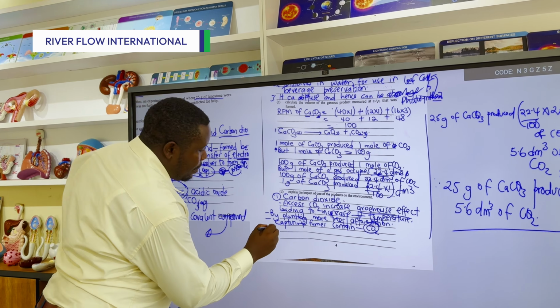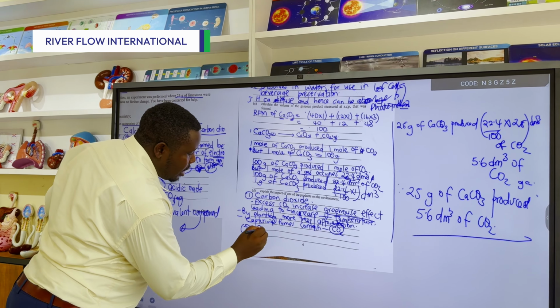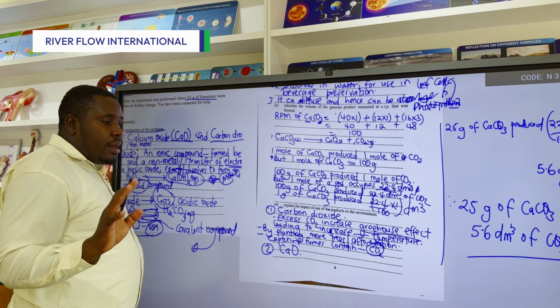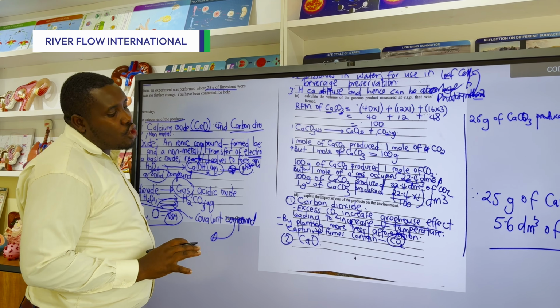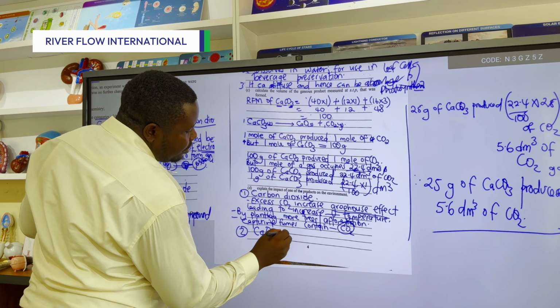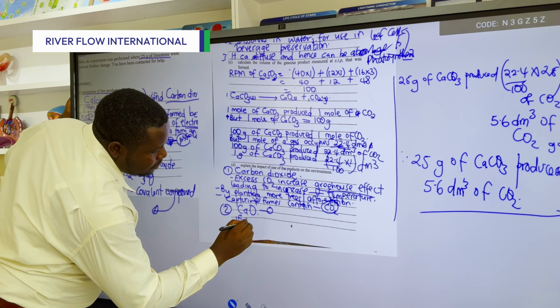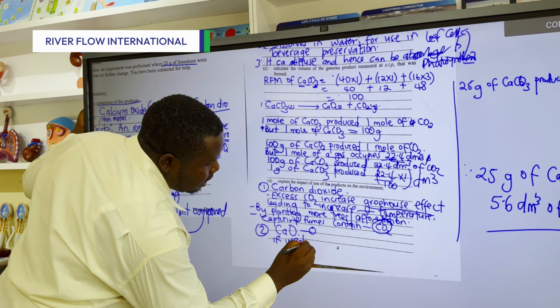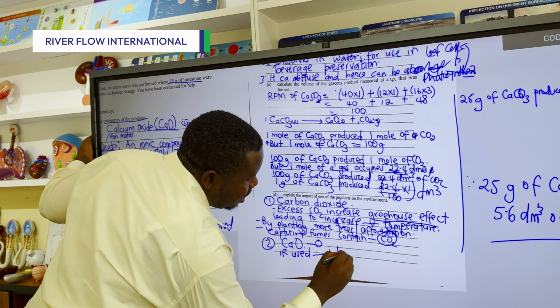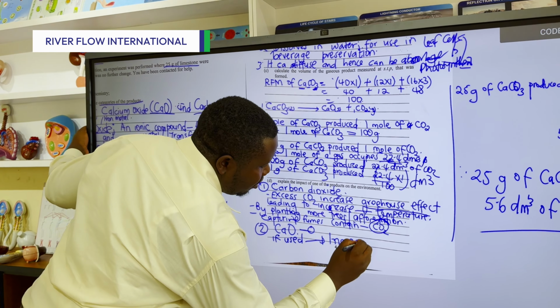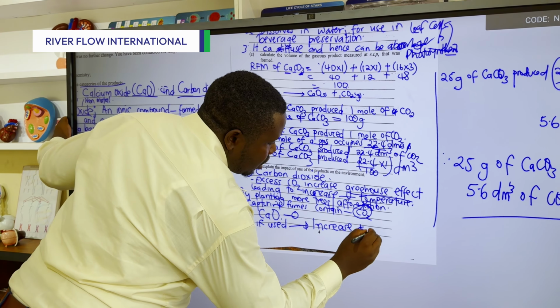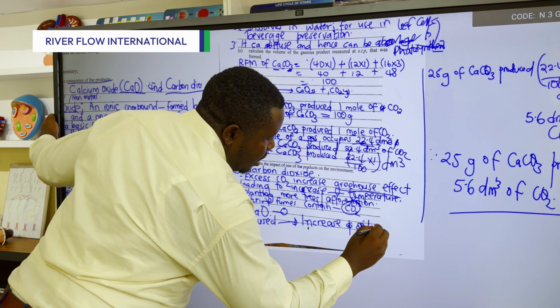Now let me go to number two, which is calcium oxide. I'm just summarizing. You can add more in the comment section. Calcium oxide, remember I've said it is quicklime. If used in excess, it can increase soil pH.